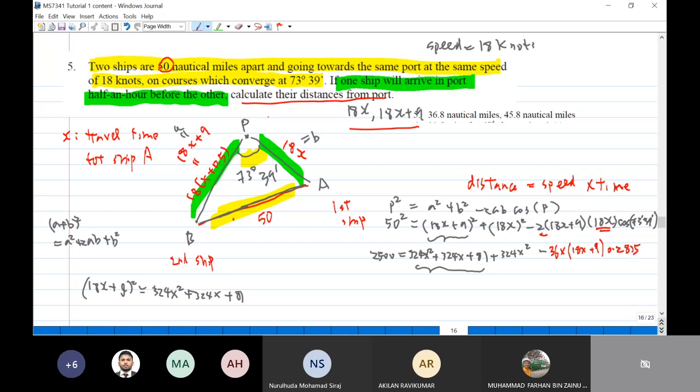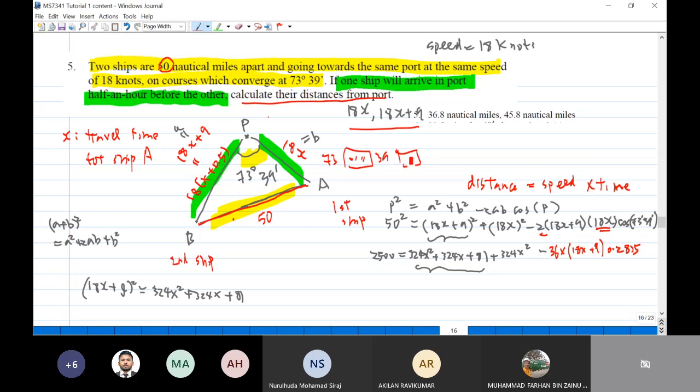Something about this calculator. You know how to key in 73 degrees 39 minutes, right? You have this button, something like this. You key in 73 degrees, then you key in again the same button, then 39 minutes, same button.